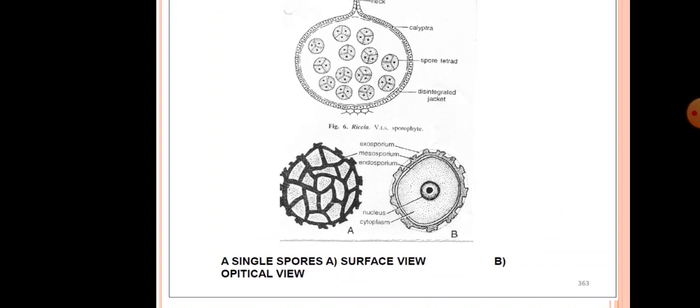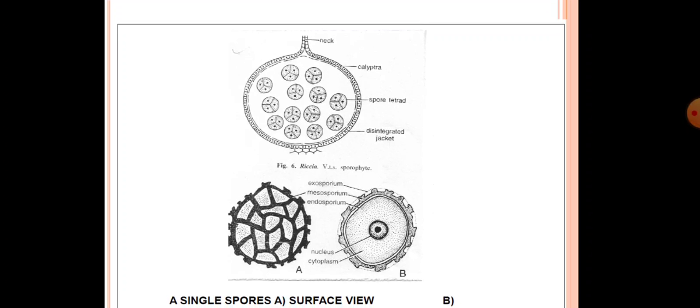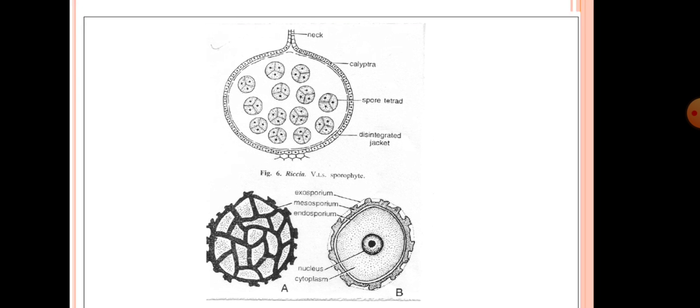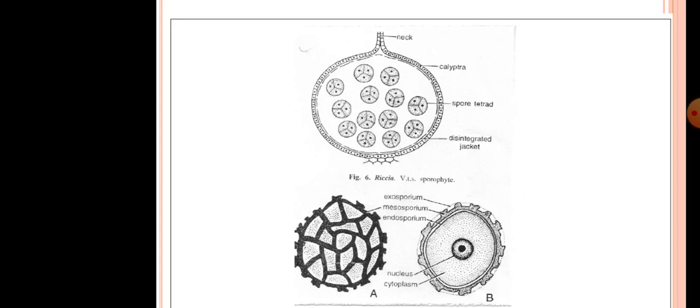Here you see the neck region at the upper side, then the calyptra, that is for protection, 2 to 3 layered thick, and it protects the spores present inside, and these are the spore tetrads.